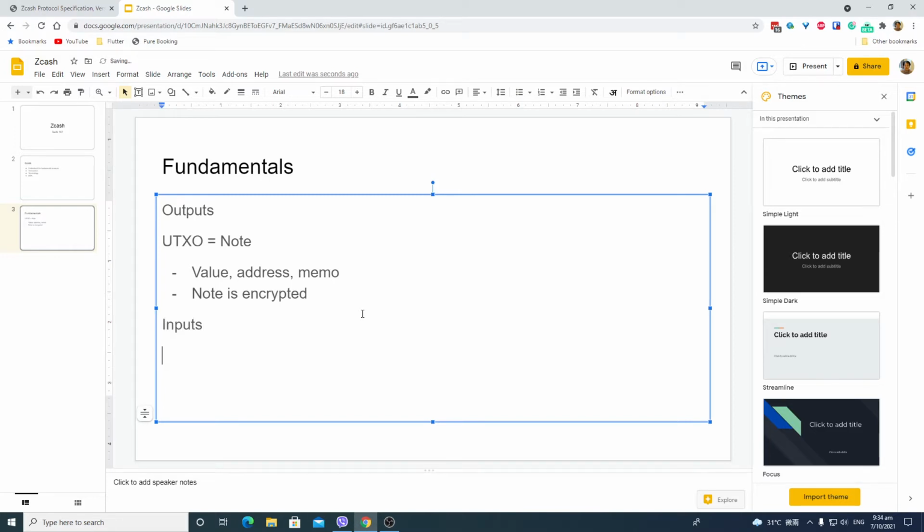In the context of UTXOs in Bitcoin, the inputs are previous outputs of previous transactions that were not used before. Because Zcash doesn't want to let you know which nodes have been used, even though they were encrypted. They don't want you to know even the transaction height or transaction ID where the node was created.